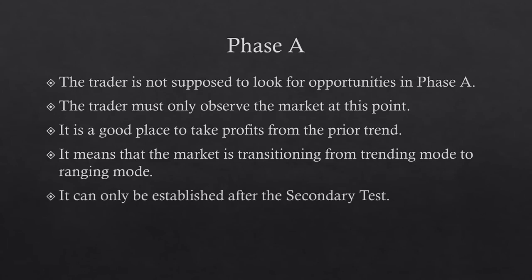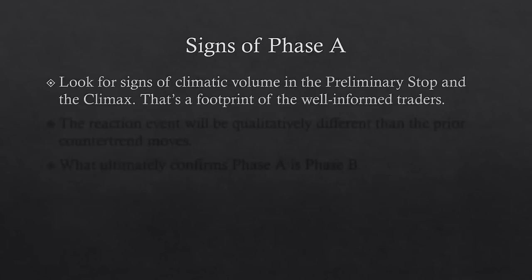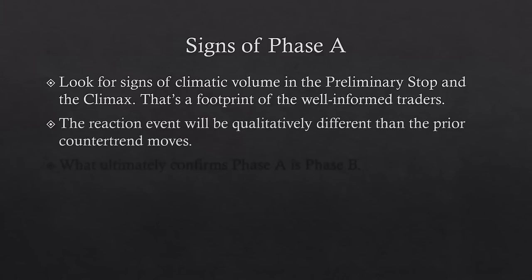There are 3 quick signs a trader should pay attention to in order to avoid the problem of incorrectly identifying phase A. Number 1. Look for a climatic volume either in the preliminary stop or the climax. That is an indication that the well-informed traders are in fact starting a campaign to reverse the market. Number 2. Pay attention to the reaction event.